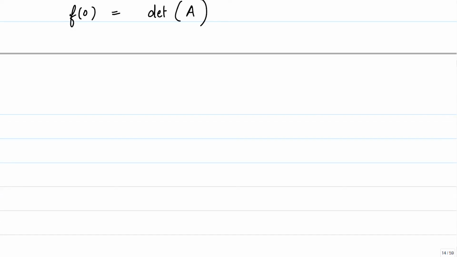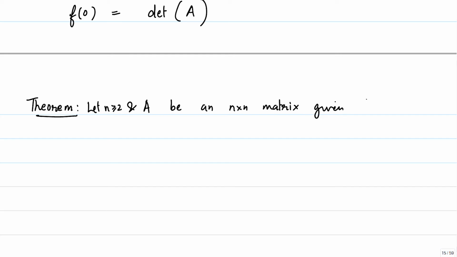So let me just write it down as a theorem. All the effort we have just spent can be captured in the following theorem. Let n be greater than or equal to 2 and A an n cross n matrix.